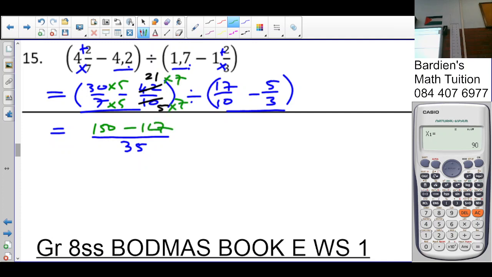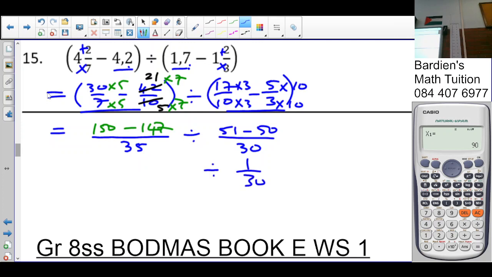So it's 147. Is that correct? Okay. Divided by, what's your LCM here? 30. So timesing that by 3 is 51. You're timesing that by 10 gives you 50. So it's 1 over 30. Divided by 3 over 35. Correct?